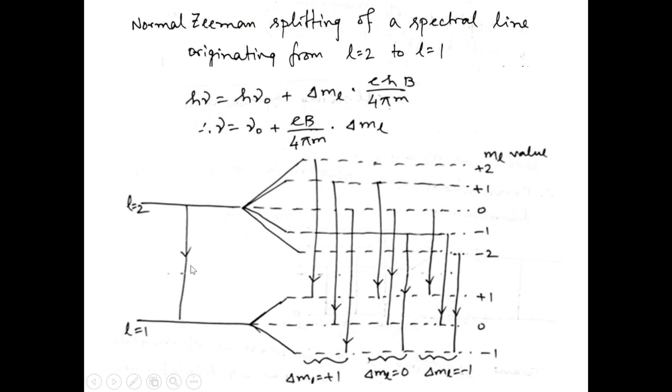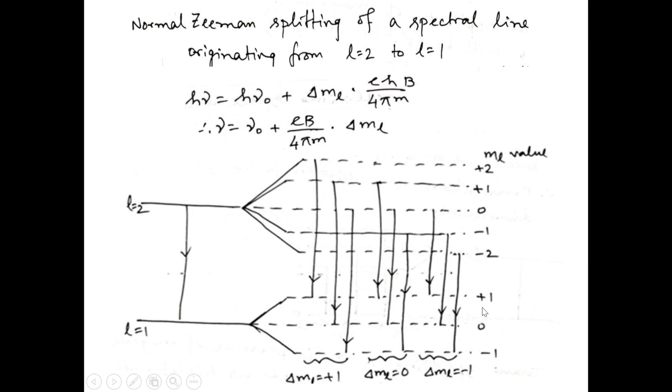So here the change is a single line following the selection rule, and if we get the column of ML values for L equal to 2, the ML values will be 5 different values following 2L plus 1, that is plus 2, plus 1, 0, minus 1, minus 2. Under L equal to 1, the ML values are 3 values: plus 1, 0, minus 1.